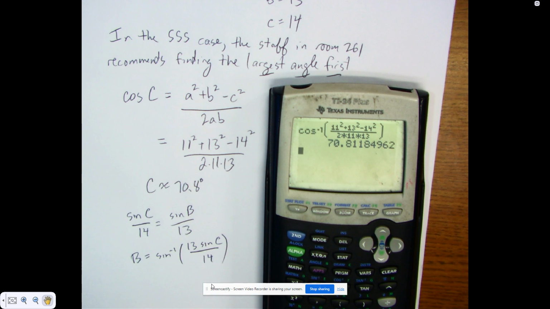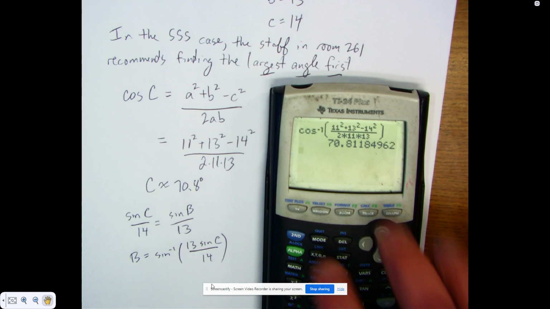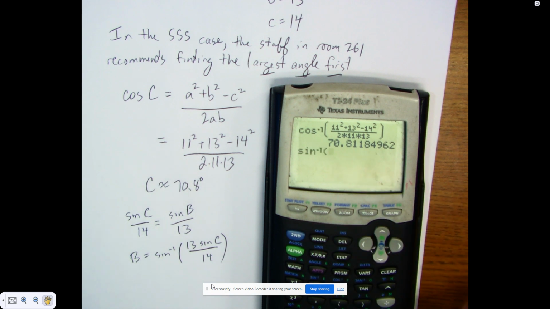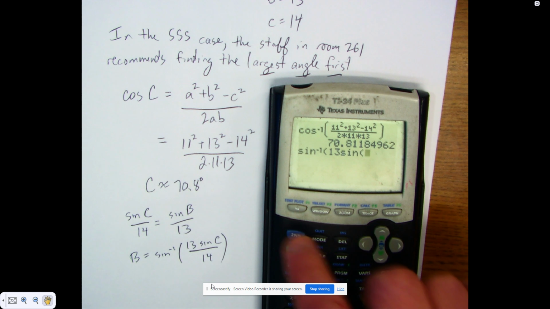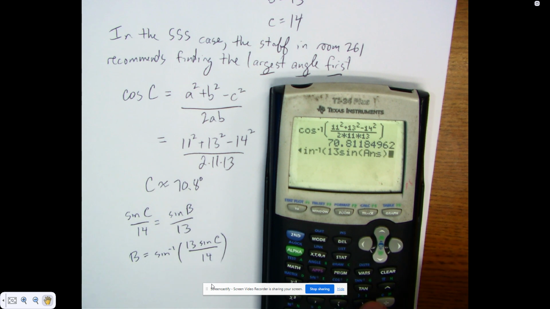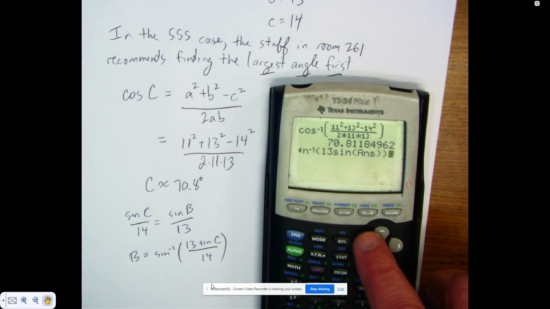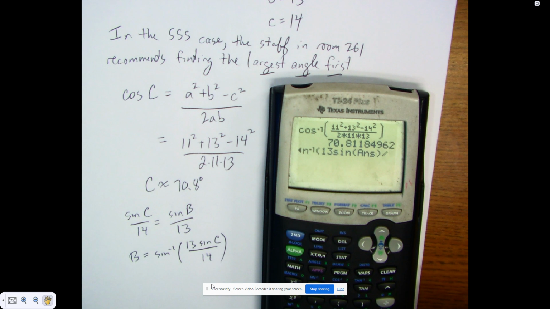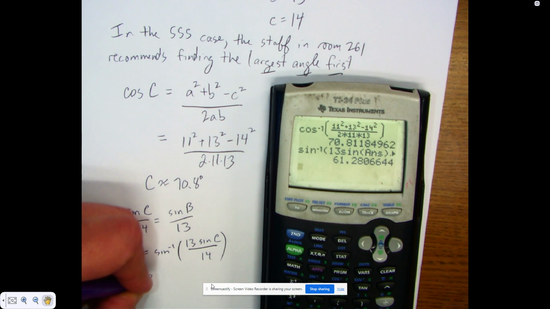Now C, remember, is the number we have on our screen. And so we're going to hit sine inverse, 13 sine, and in this case we'll hit answer since I didn't store it, divided by 14. And so we're going to get 61.3 degrees.